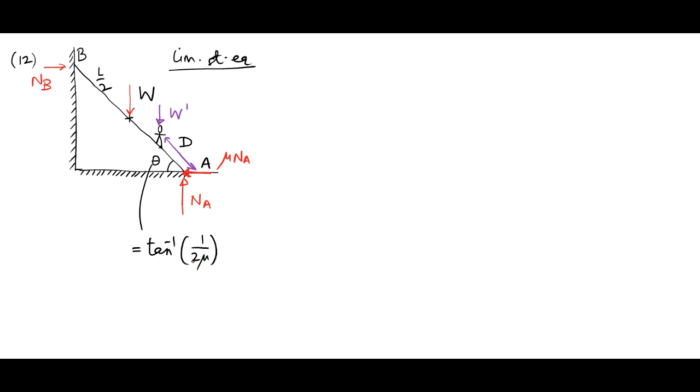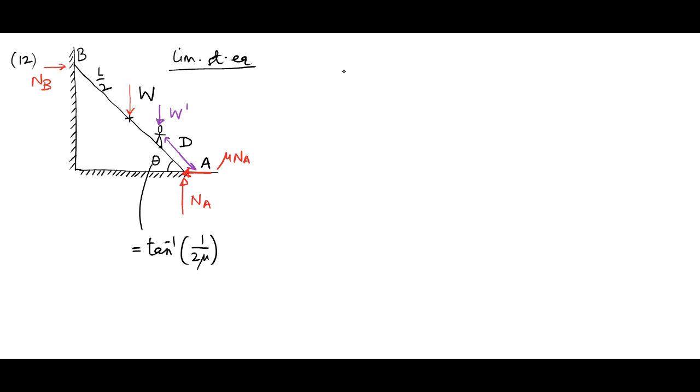So the conditions of question number 10 are being recreated even before the man starts to climb. So naturally the angle must be the angle which we calculated in question number 10, and that's tan inverse of 1 by 2 mu. And once the angle is fixed, then the man starts to climb.